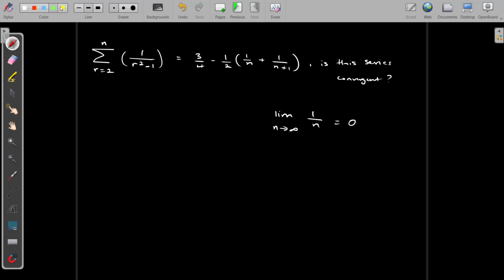Remember that from limits? Whenever we have the variable in the denominator tending to infinity, this result will always be 0. So just remember that. This is a very important limit that you'll encounter over and over in various topics.